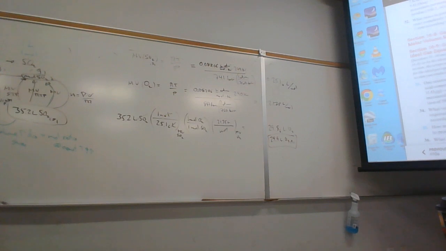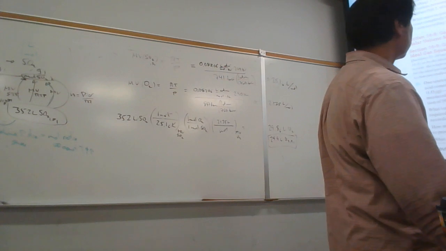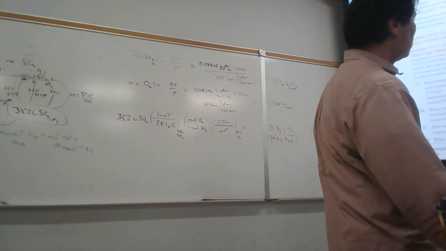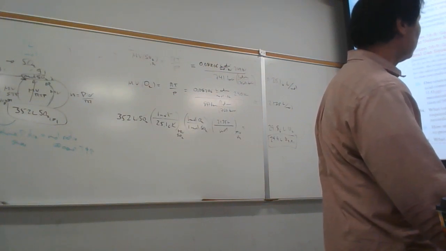All right, so this is your basic stoichiometry type problem. But do you know how your book solves this problem? Let's take a look. Your book takes a different approach to this. So let's take a look at number 41.